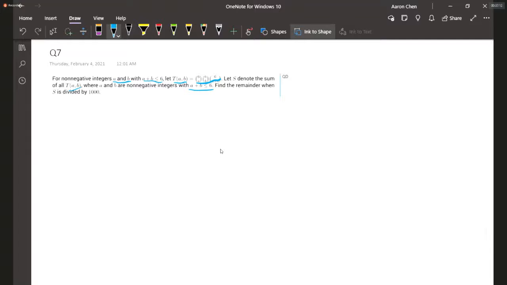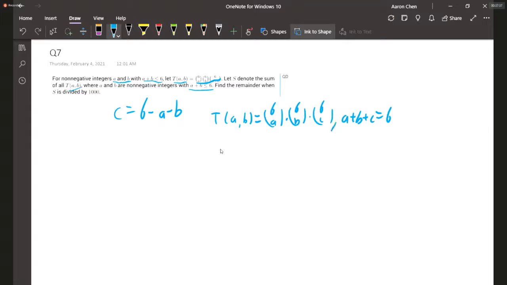Now, to do this problem, first we can add another variable c and define it as 6 minus a minus b. And so now we have that T of a and b is 6 choose a times 6 choose b times 6 choose c, such that a plus b plus c is equal to 6.